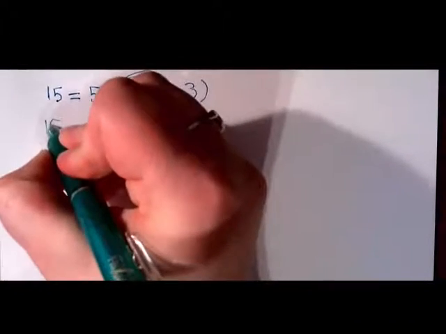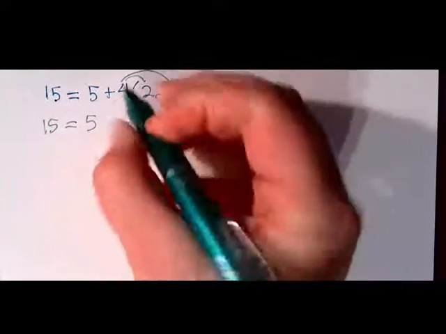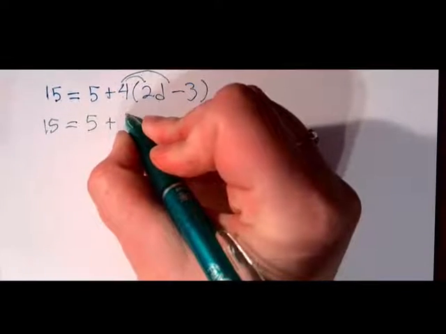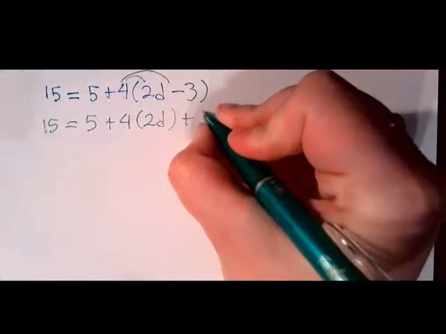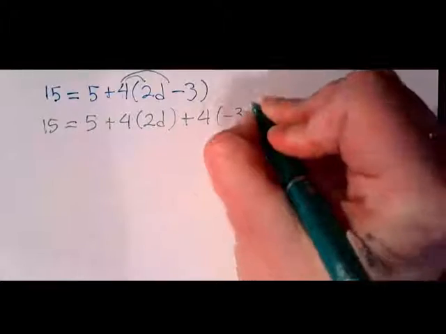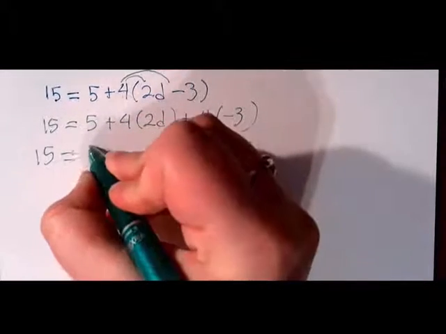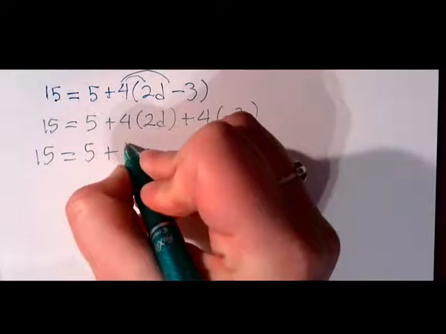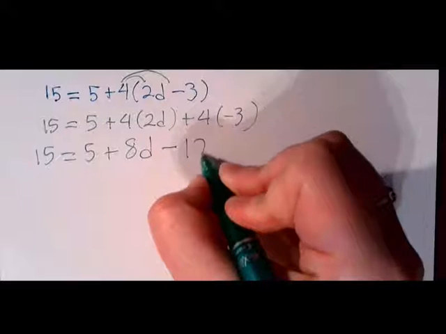So we get 15 is equal to 5 plus 4 times 2d plus 4 times negative 3. Okay, so we get 15 is equal to 5 plus 8d minus 12.